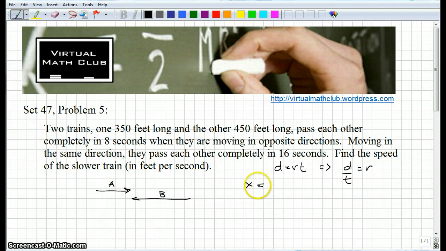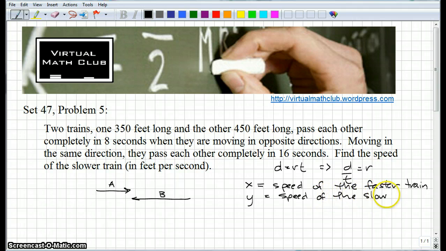I'm going to call x the speed of the faster train, and I'm going to call y the speed of the slower train. Now let's think about what's going on here.